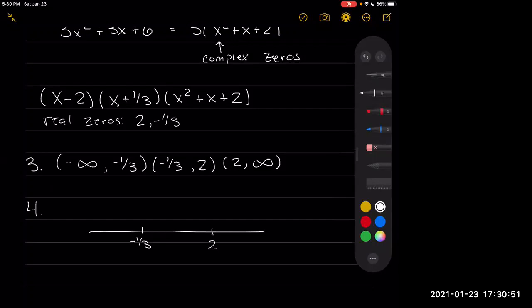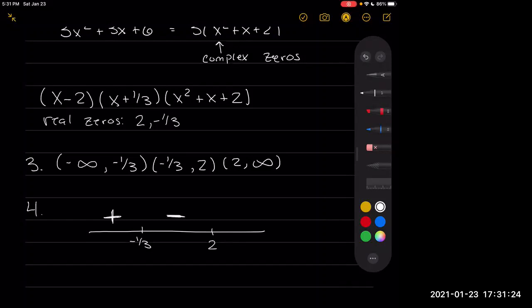If we check a number smaller than -1/3, like -1, we will see that we end up with a positive output. And you can check this similarly to how we did the first example, just plugging the value into your polynomial and seeing if the output is positive or negative. Then we check in between, and if we use 0 in the original equation, we end up with a -4, which is negative.